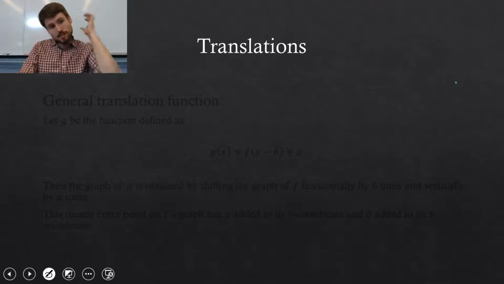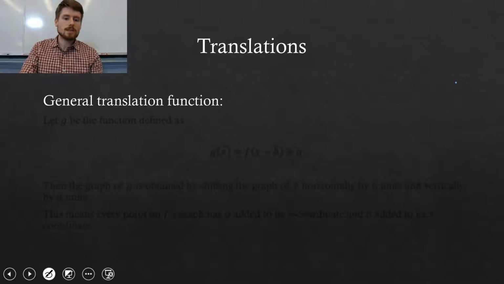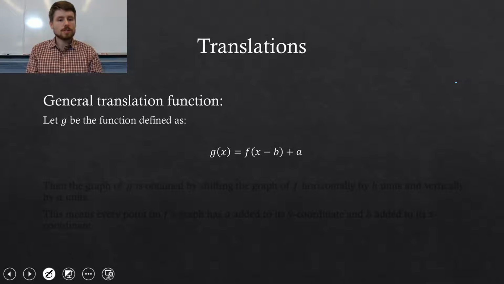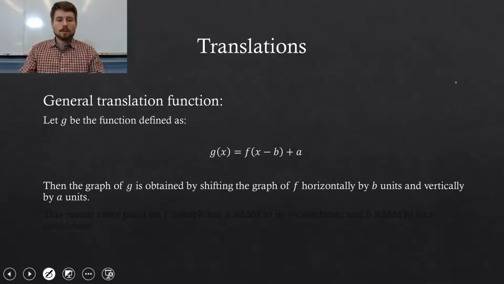So you can have a general translation function, one that's not just up, down on its own, left, right on its own. You can combine these two into one function. f of x minus b plus a is going to shift the graph horizontally by b and vertically by a. So it's kind of combining those two into one function.